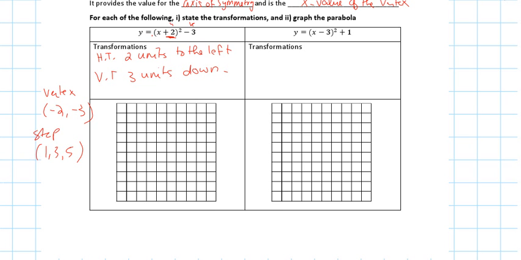Now, my vertex is at (-2, -3). Let's locate that. So, -2 and -3, 1, 2, 3, that's -3. So this is where my vertex is.